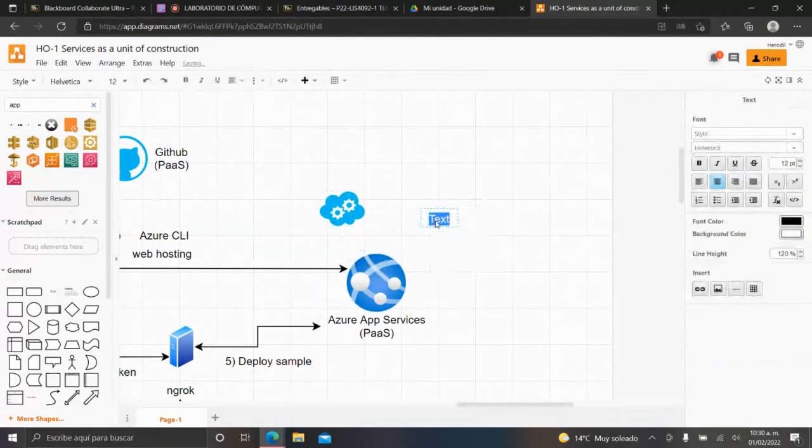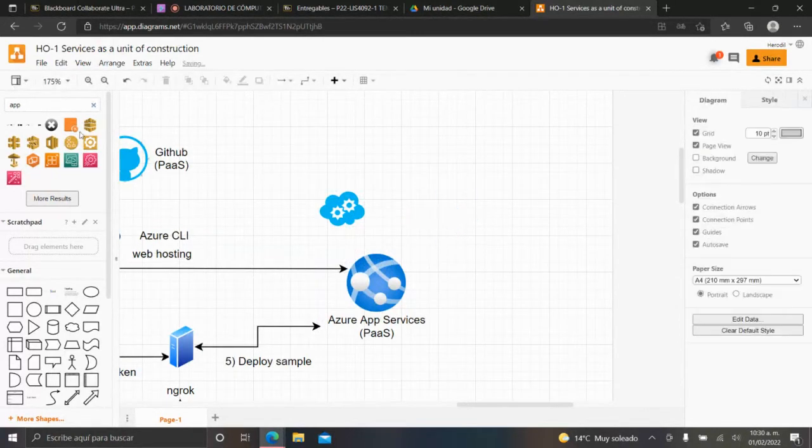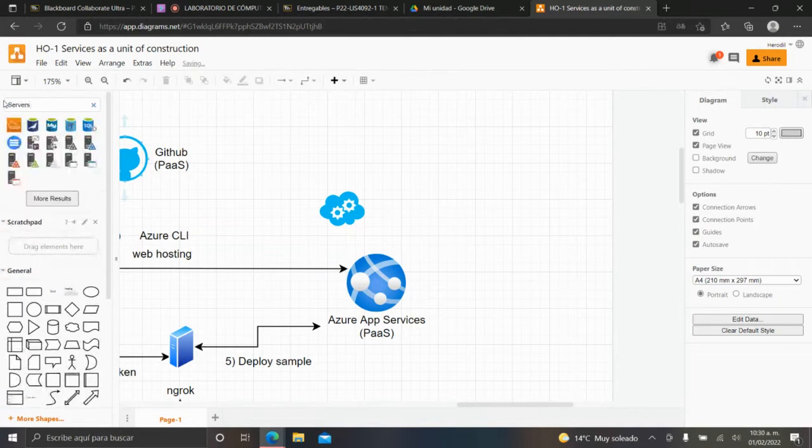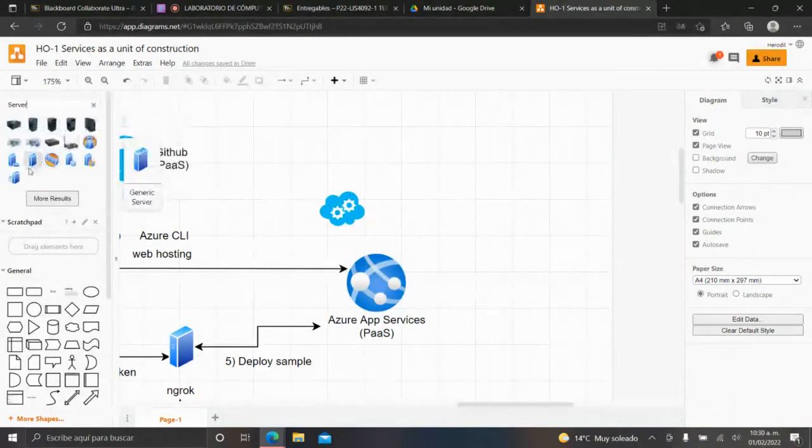Inside, we have again servers that are deployed in these Azure App Services and that host our application. Inside this package of Azure App Services, we are consuming CPU, memory, and also storage.